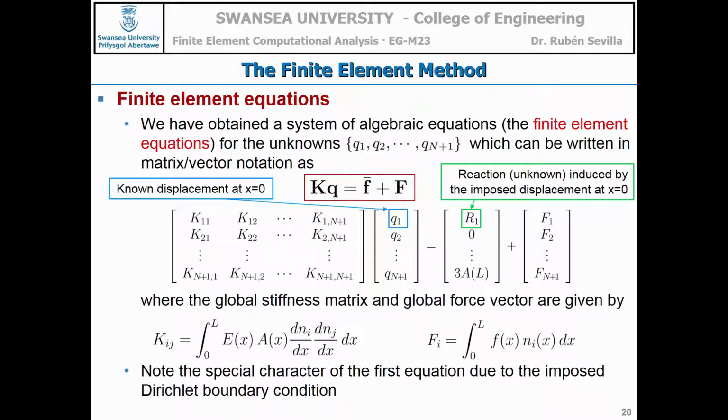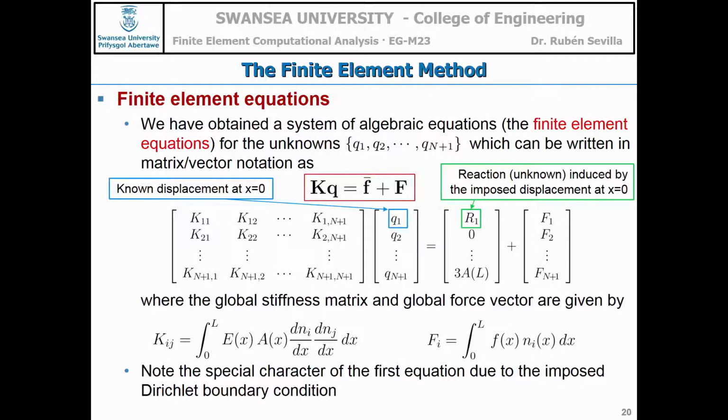The actual system of equations. And I said we need to talk a bit about the Dirichlet boundary because we haven't accounted for the information known on the left part of the bar, okay, which is this Q1 is actually known in this problem. It's a given displacement at the left end. Okay? Clear? Questions? Nope.